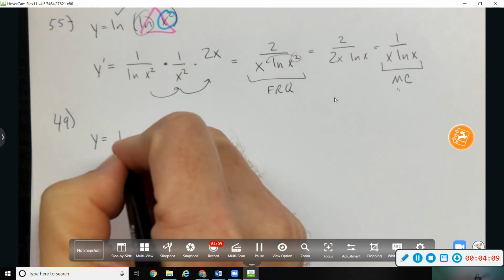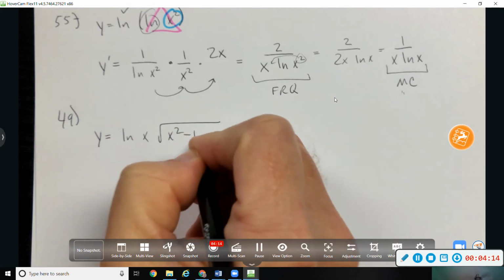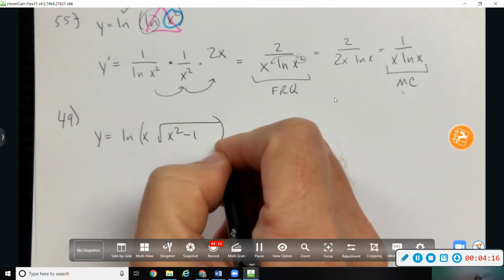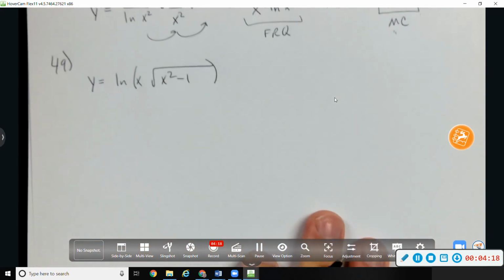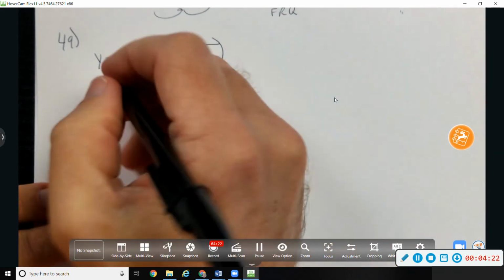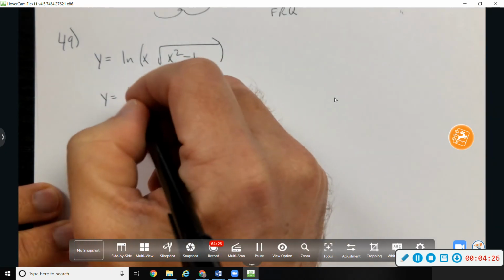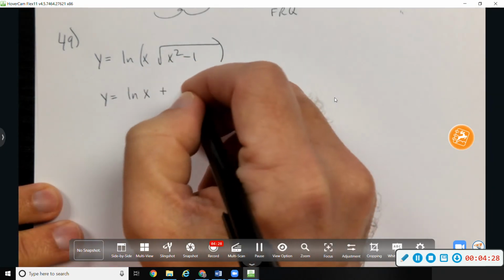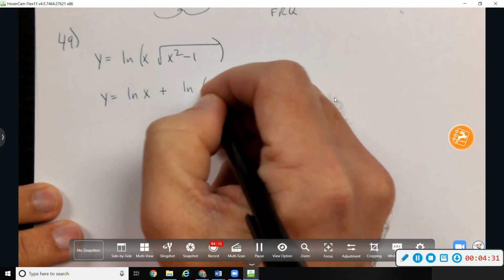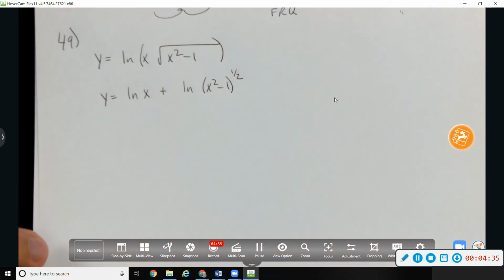Y equals natural log of x square root x squared minus 1. Okay, I'm thinking algebra on this one before we start taking derivatives. So still y equals, not a derivative yet, natural log of x plus natural log of x squared minus 1 to the 1/2.